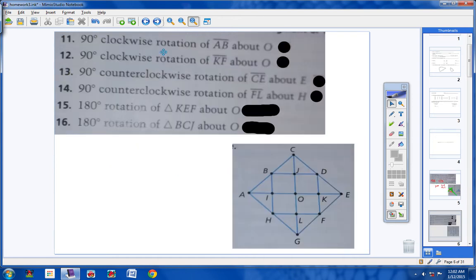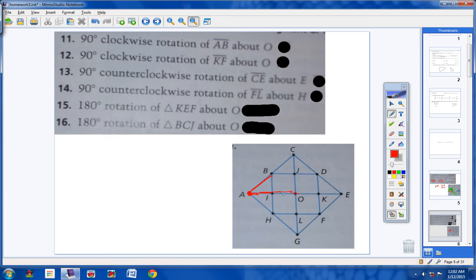Okay, moving on to numbers 11 through 16. Now we're going to take each of these images and rotate them. So we're going to take AB. Here's AB. And we're going to rotate it 90 degrees about O, okay? So here's A. We're going to draw A to this.